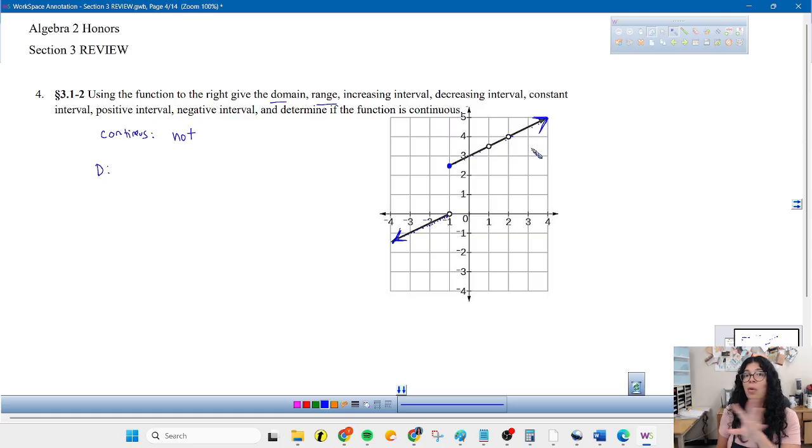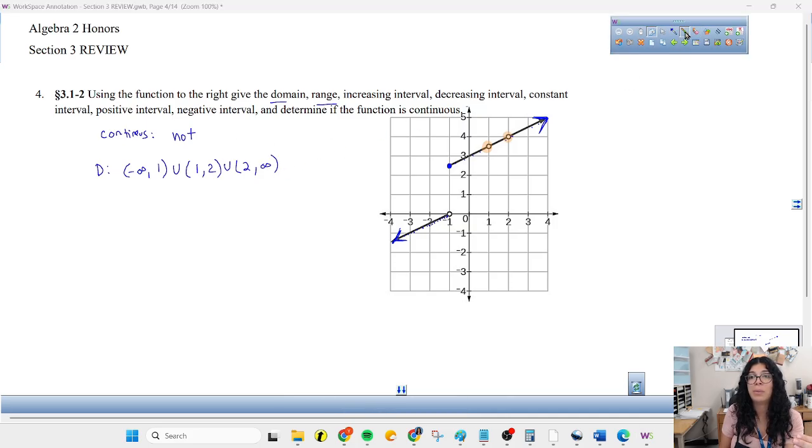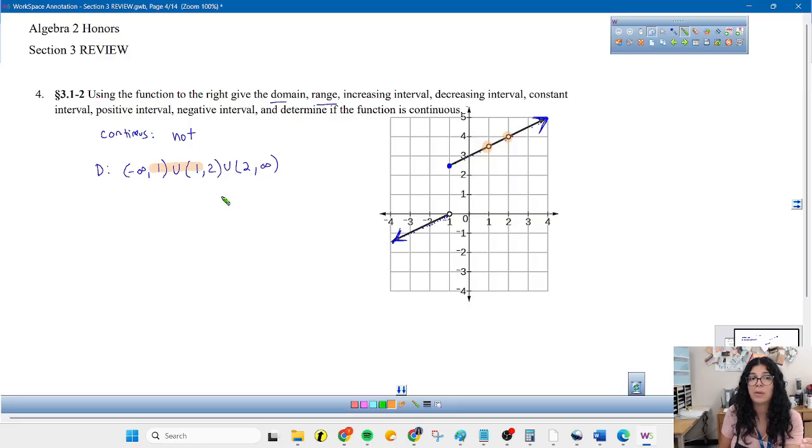It will be all real numbers except notice that at x value of 1 is open, and there are no other points that I actually have an x value of 1 for, and I also have an open at 2. So this is going to be from negative infinity till the 1, then union between the 1 and 2 I have points, and then union from 2 to infinity I have points. So I have points from negative infinity to positive infinity, but I don't have any point at x value of 1, and I also don't have any point at the x value of 2.